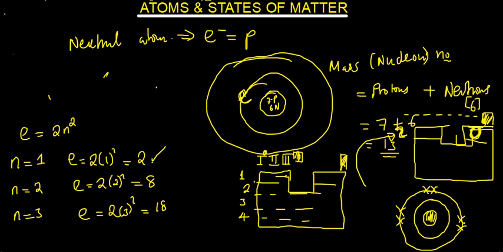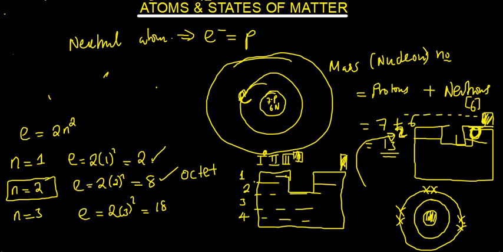Now remember, this one has only 2 shells. And we said that those atoms which have only 2 shells are supposed to have how many electrons in the outermost shell to be stable? 8. Those atoms that need 8 electrons in the outermost shell to be stable obey the octet rule.